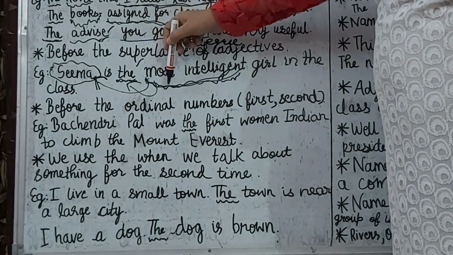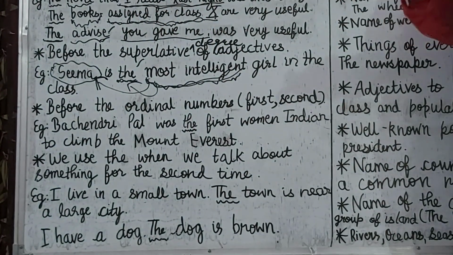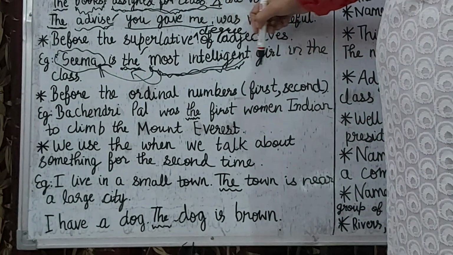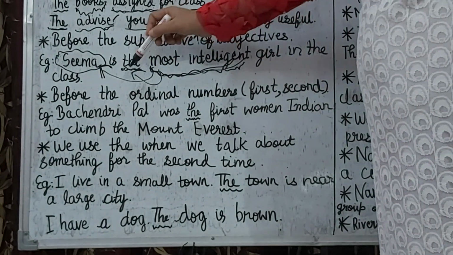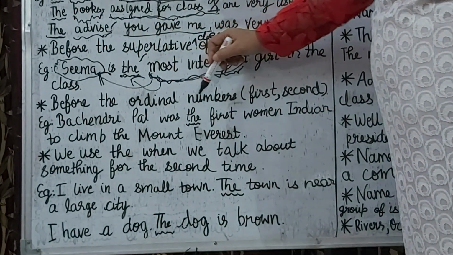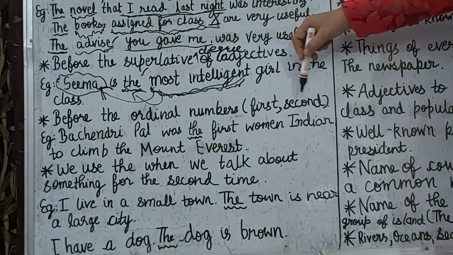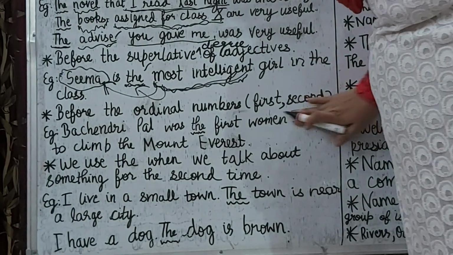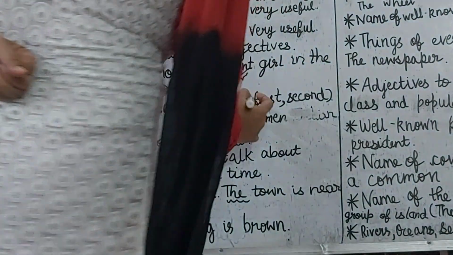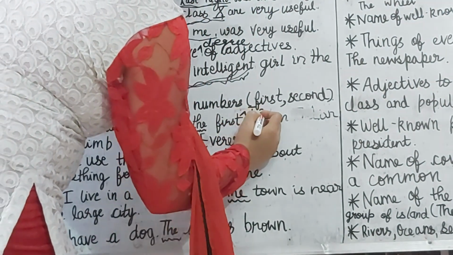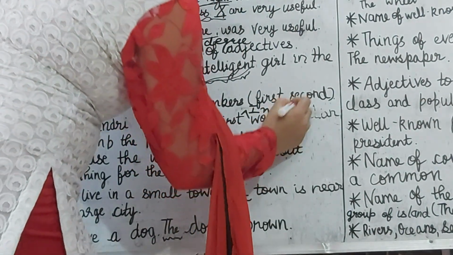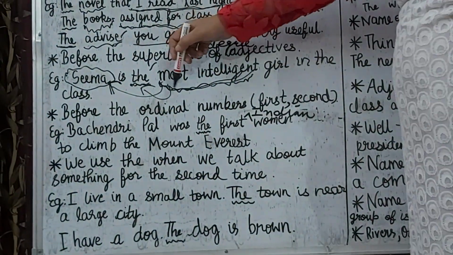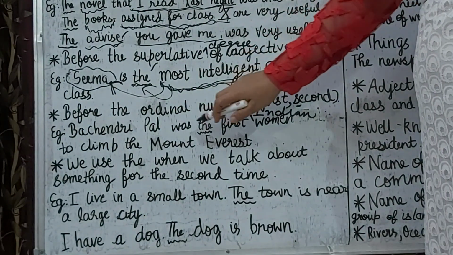Then before the ordinal numbers like first, second, third, fourth and so on, we use the. Like Bachendri Pal was the first Indian woman to climb the Mount Everest.